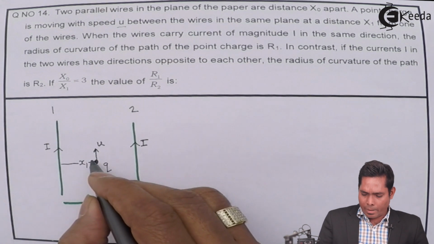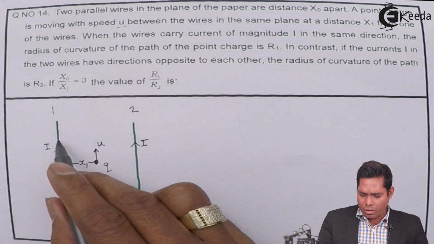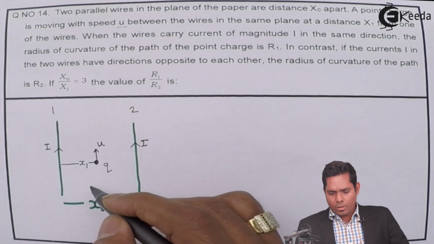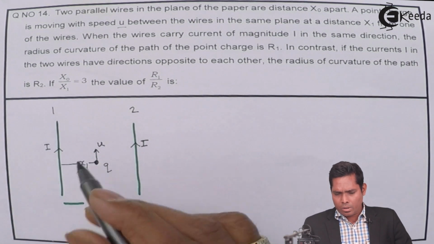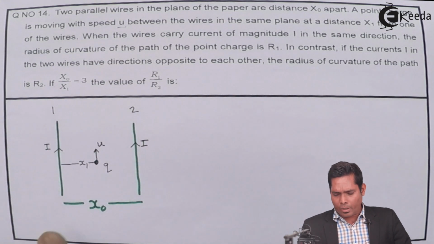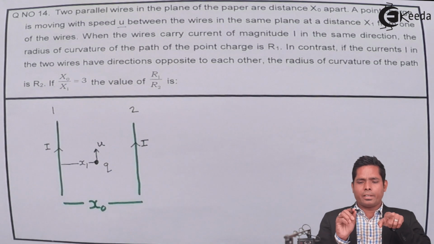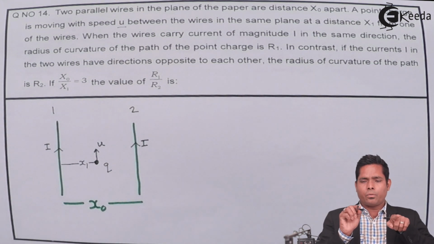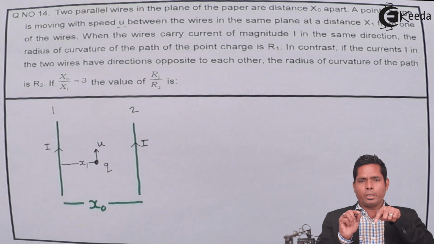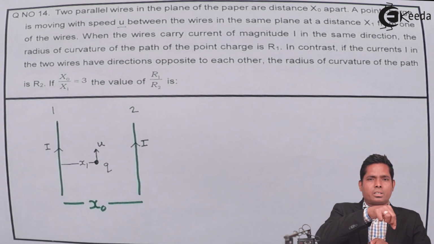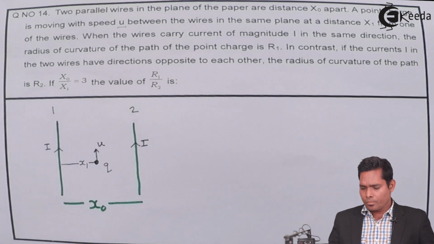So the magnetic field due to the first wire will be into the page. If I consider the second wire here, then for this point, the magnetic field will be like that, so the charge will experience a magnetic field in the upward direction.